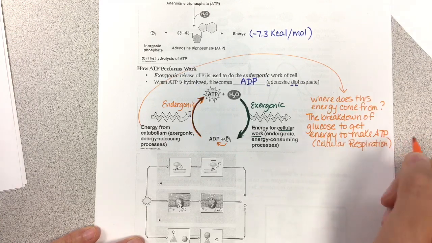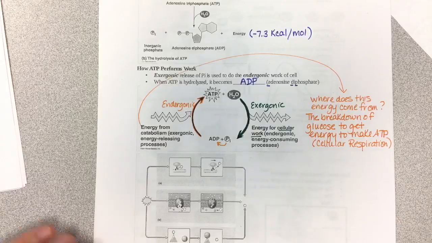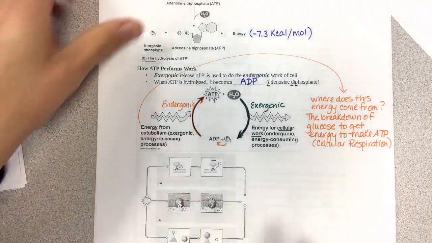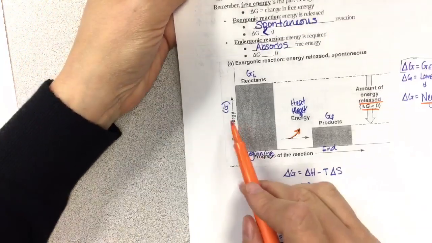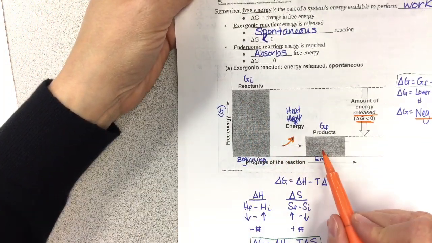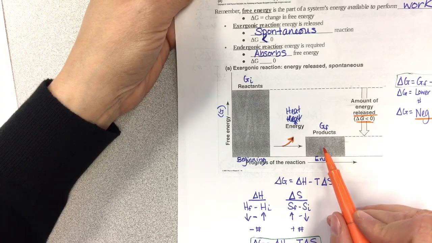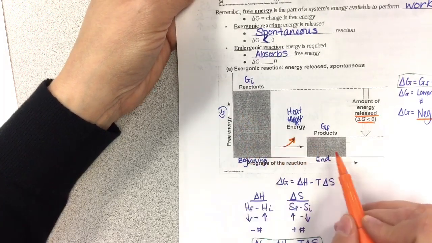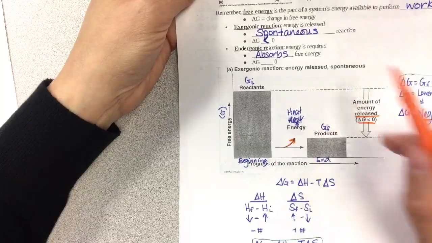So when we eat, we take in the glucose and we break it down, and we talked about that the breakdown of glucose is an exergonic reaction. So glucose being broken down into carbon dioxide and water. That's an exergonic reaction. It releases energy.